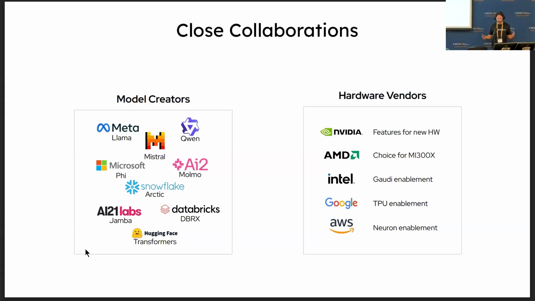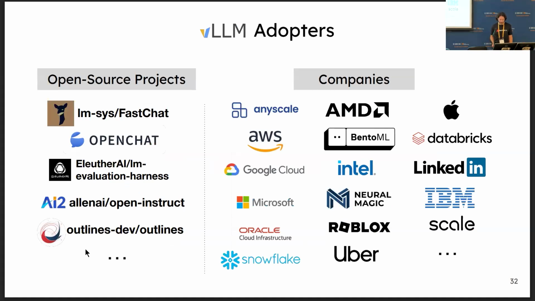So we work closely with NVIDIA, and are often faster than or competitive with their own inference solutions. AMD, Intel with their Gaudi chips, Google with the TPUs, and Neuron, the Inferentia and Trainium chips from Amazon.